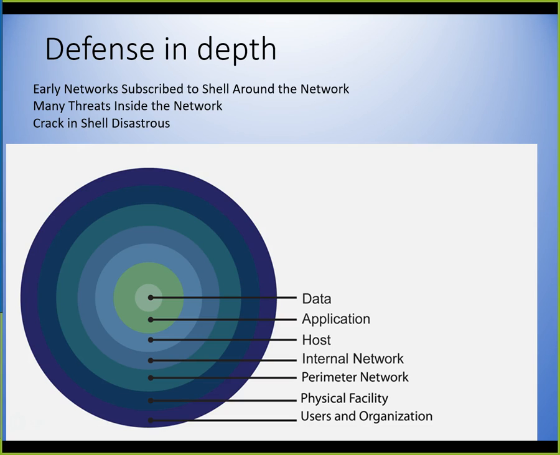Yeah, some of them are pass through points. Nodes are pass through. A host actually is a beginning and an ending point. A workstation, a server, something like that. Applications, and finally we're going to get to the data and what we're trying to protect. The data typically is the company, and if you lose the data, you're having trouble.